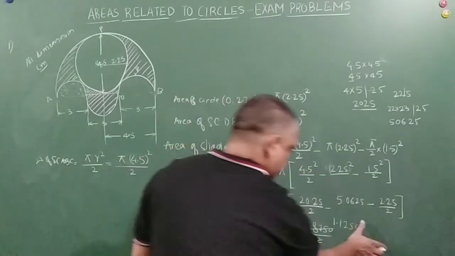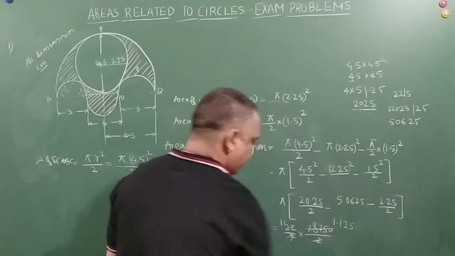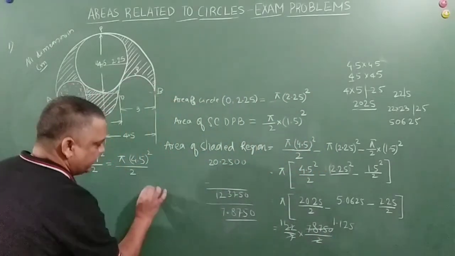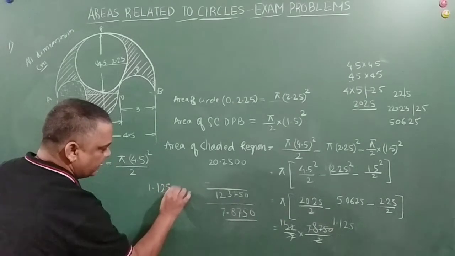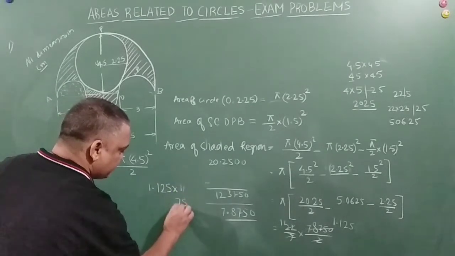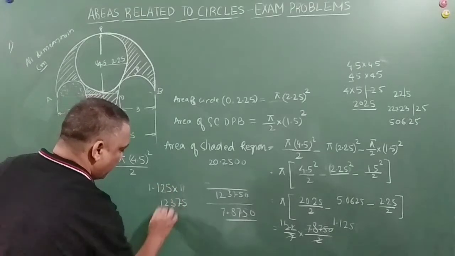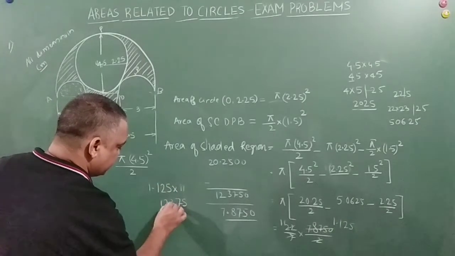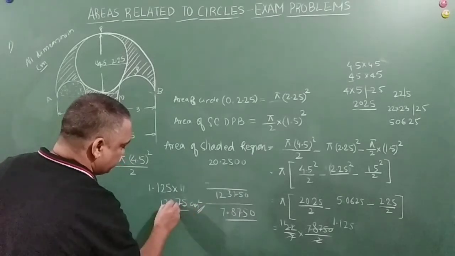Okay, the 0 has no significance, so we can omit it also. 1.125 into 11. I'll do it here. 1.125, correct, into 11. Forgetting the decimal, this is 5. 5 plus 2, 7. 2 plus 1, 3. 1 plus 1, 2. 1. Decimal after 3 digits. 12.375 centimeters square is the answer for you.